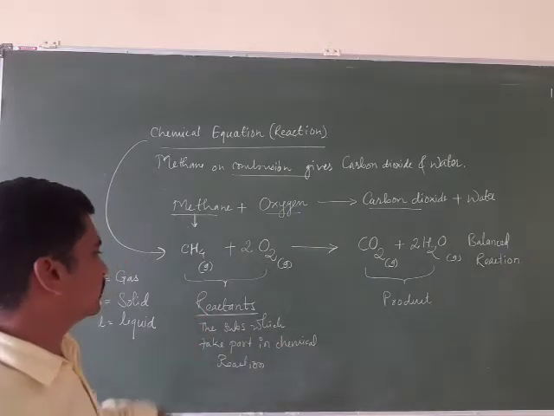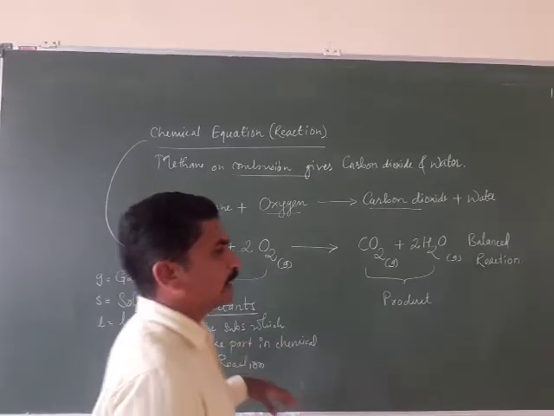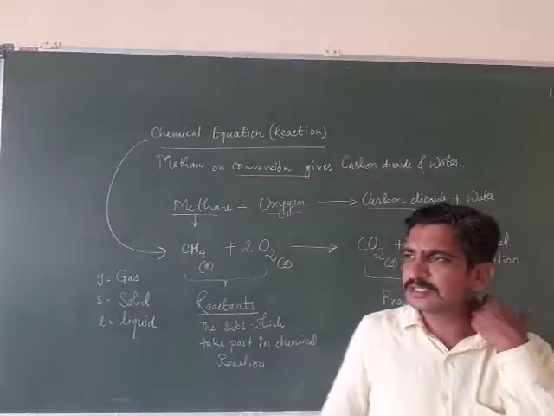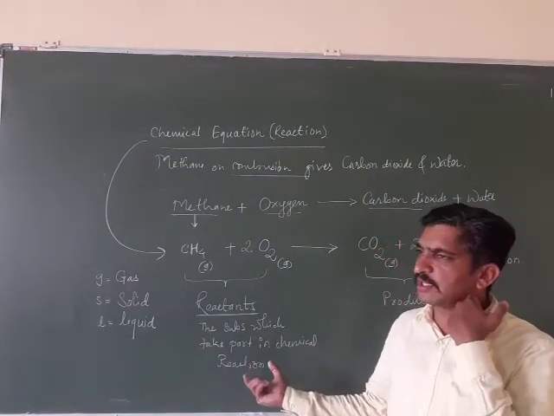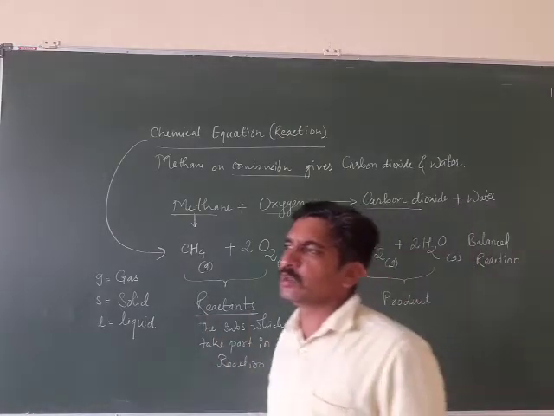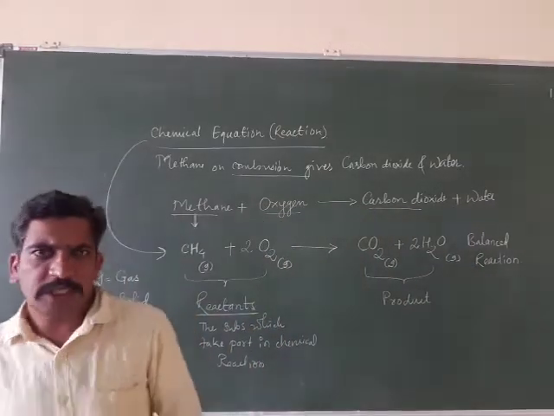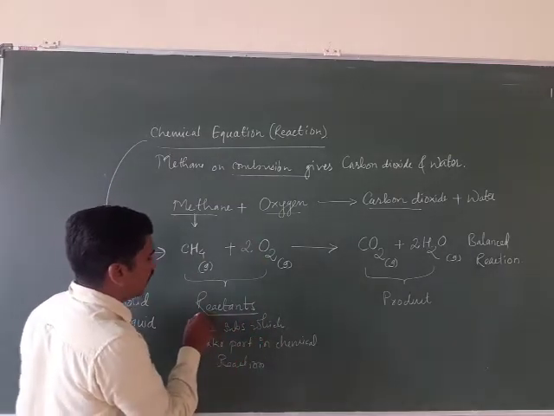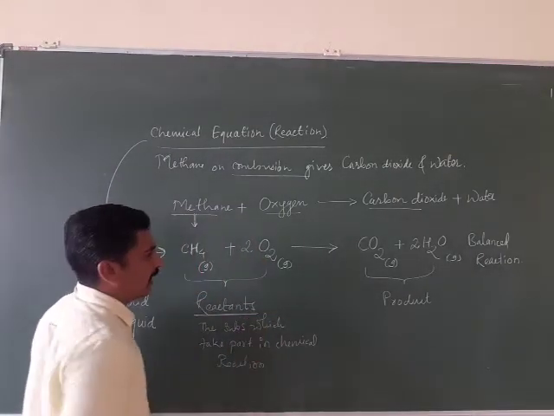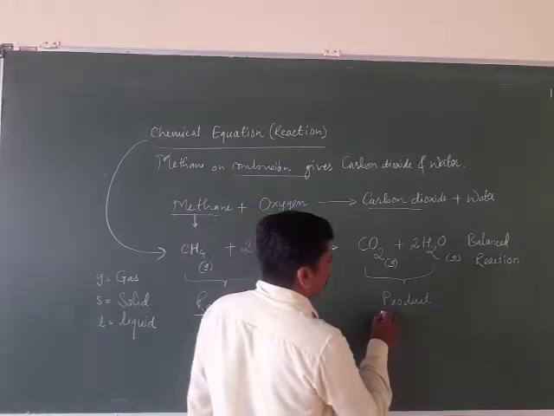It is very simple. A reactant is any substance which takes part in the chemical reaction and gets converted into product. So a chemical equation has two parts: one is called the reactant, another is called the product. And what is a product?